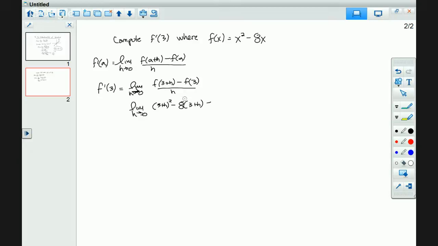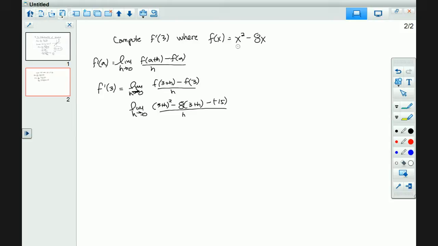And then f of 3 is 9 minus 24. Is that right? 3 squared is 9 minus 24. Negative 15, right? Yeah.